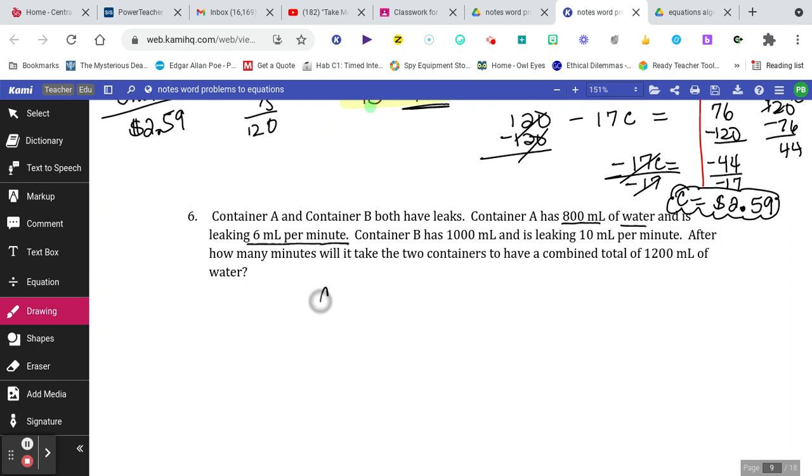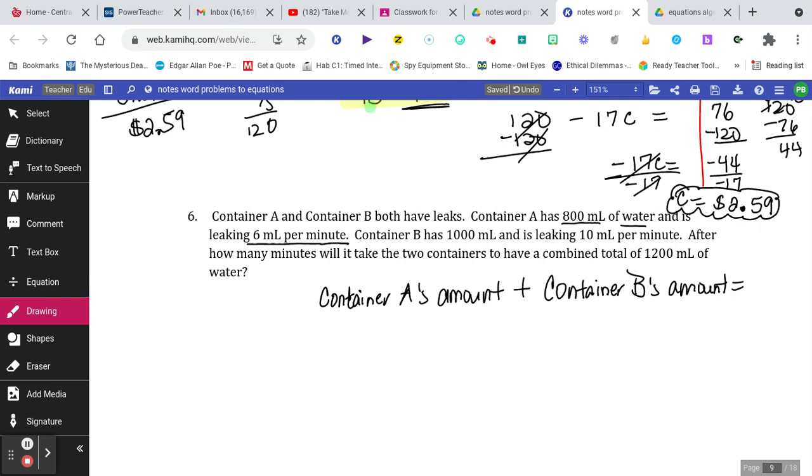So I want to know, when will container A's amount plus container B's amount equal 1,200 milliliters. So first of all, I'm going to go to my question. It says, after how many minutes will it take? Okay, so I'm going to do M for number of minutes.